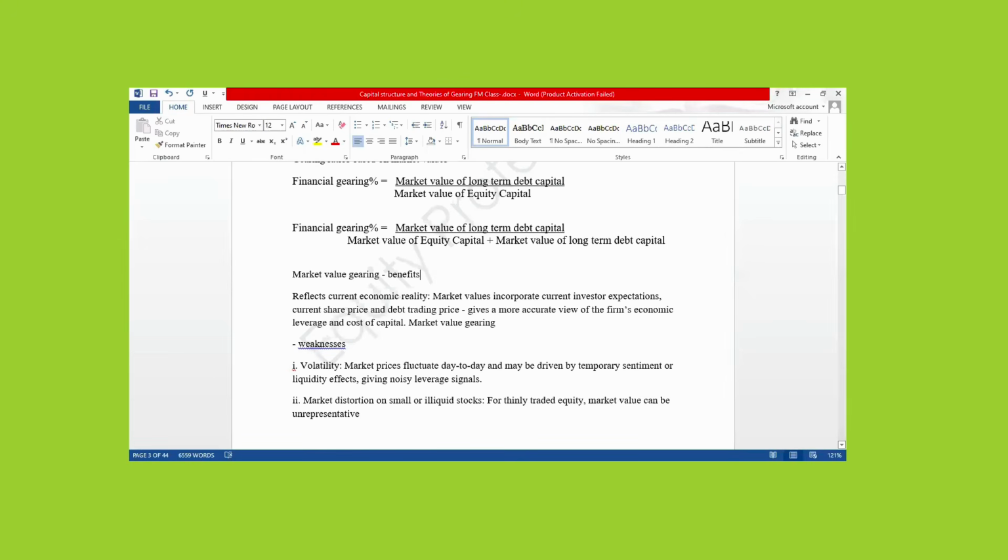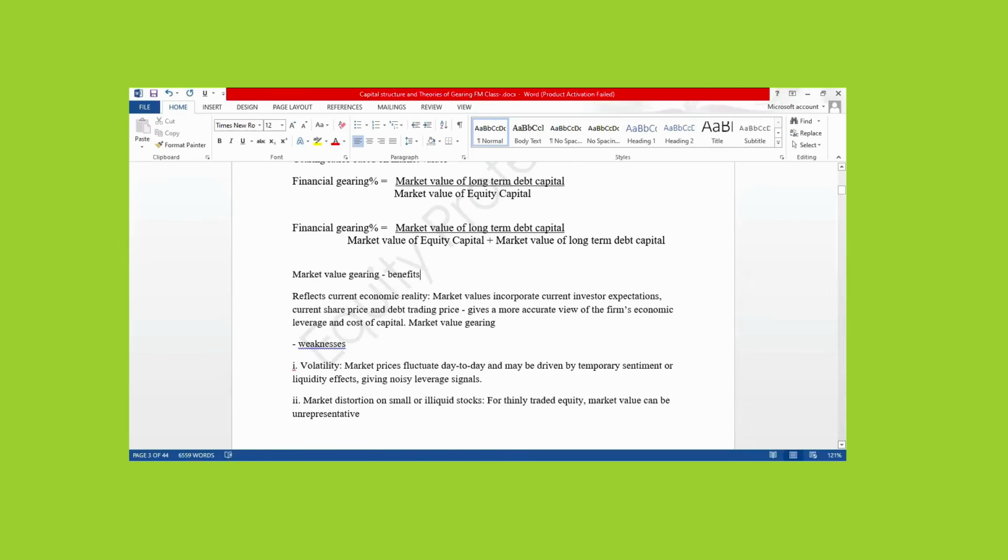Number two, market distortion on small or illiquid stock. That is, where a company's shares are thinly traded, not actively traded at the stock market, the market value calculation may be unrepresentative. These are some of the limitations of market value gearing.